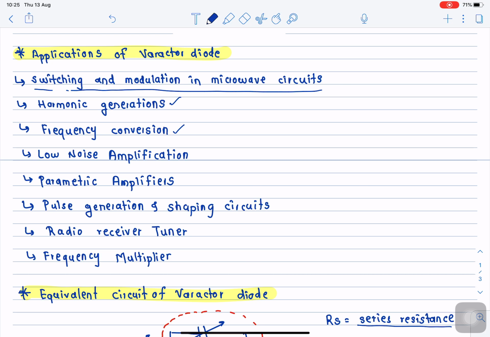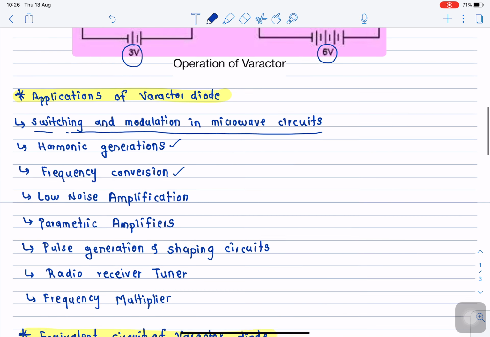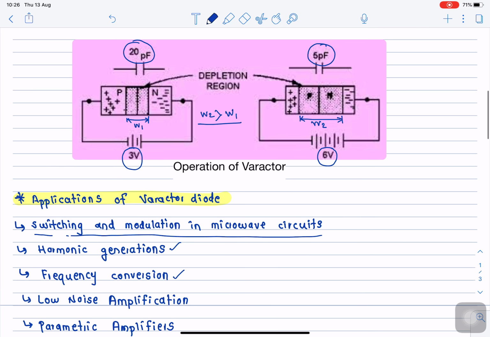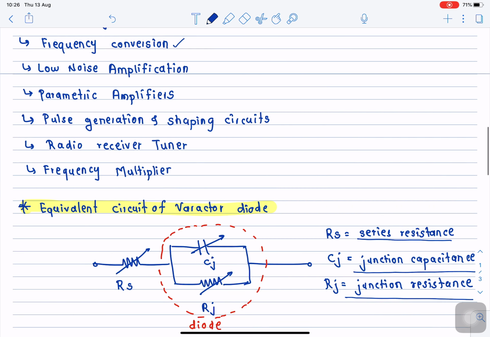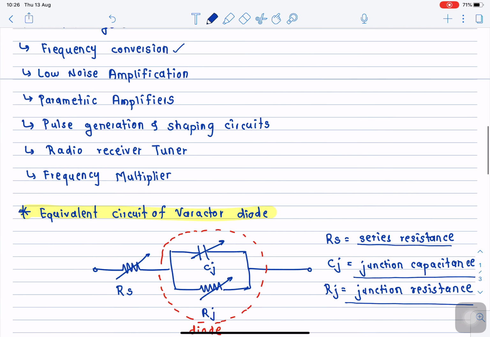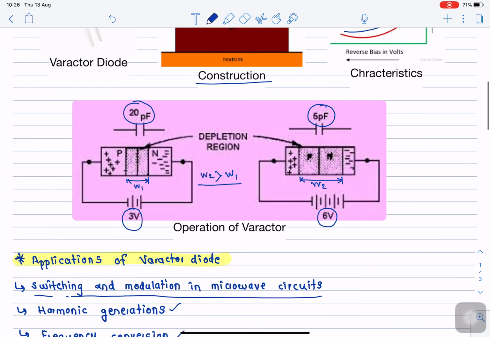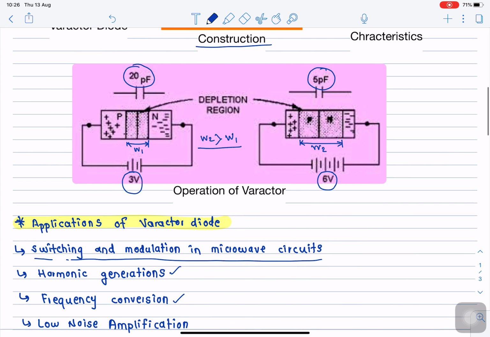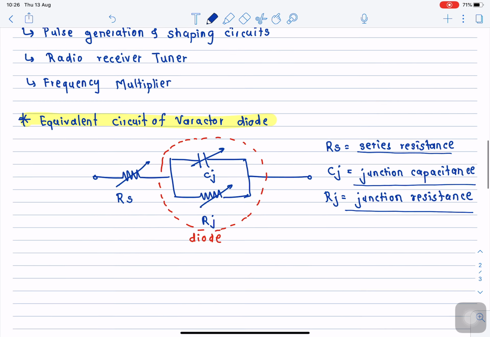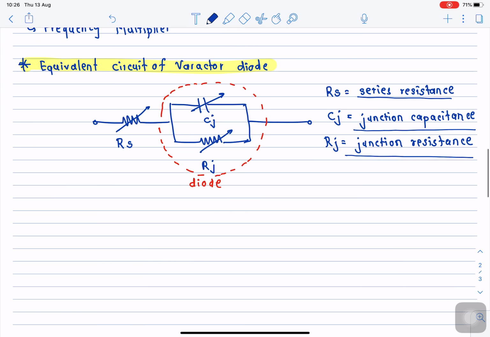All these applications make use of variation in the reactance, and for that they rely on Varactor diodes or voltage variable capacitors, right? So this is all about Varactor diodes: the operating principle, the construction, the VI characteristic, the applications, and the equivalent circuit.